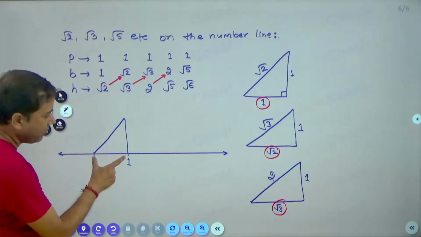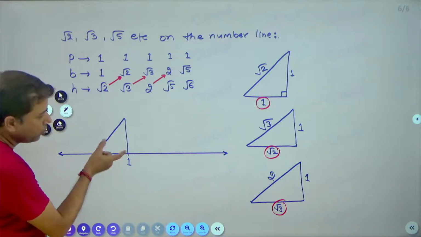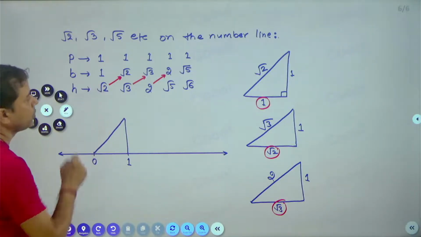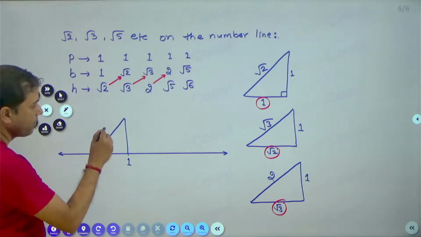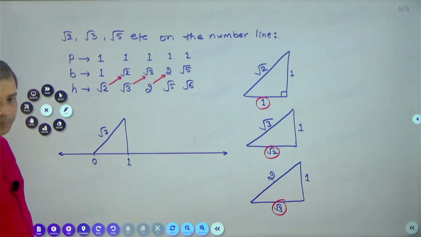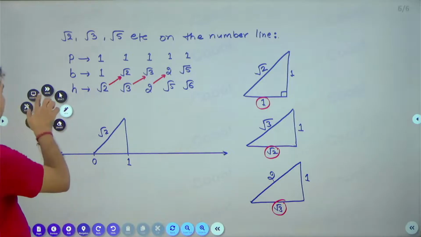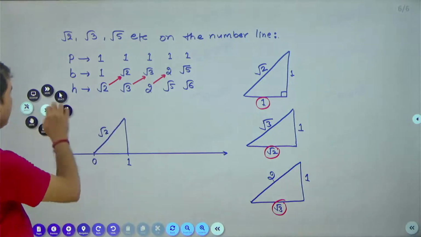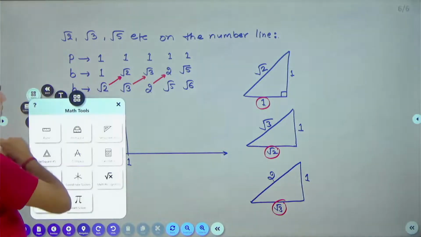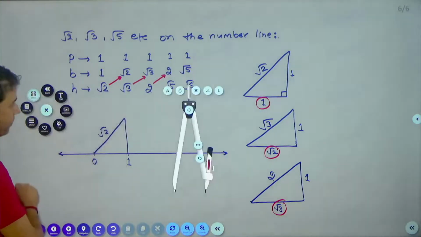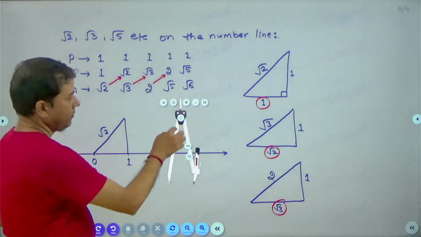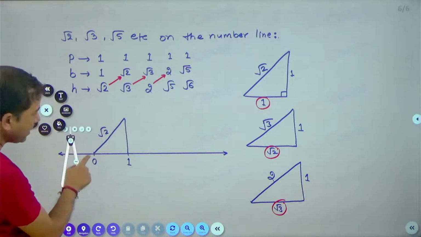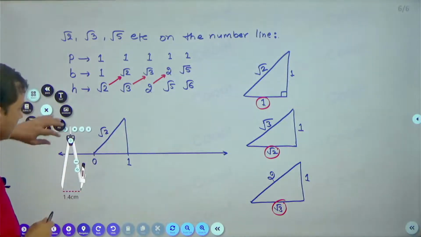So if I have 1 unit base, 1 unit perpendicular, then the hypotenuse is going to be root 2 units. I understand this fact because of Pythagoras theorem. Now what I will do is I will take my compass and measure this distance with the help of compass.